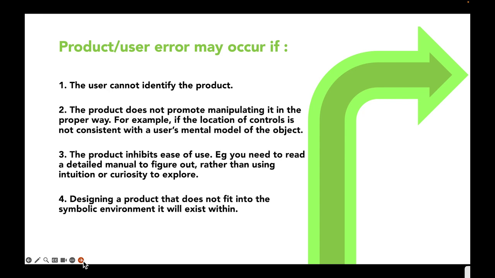So designing a product that does not really fit into a symbolic environment can be fraught with danger for an end user. So we have a big responsibility to make sure that our designs are safe and fit for purpose.